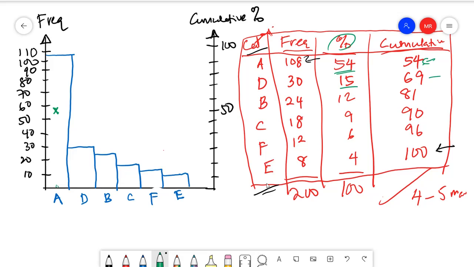The second one is 69, so almost 70, roughly here. Then 81, so 80 is here. Then 90, 96, and finally 100. Then from there we connect the line.